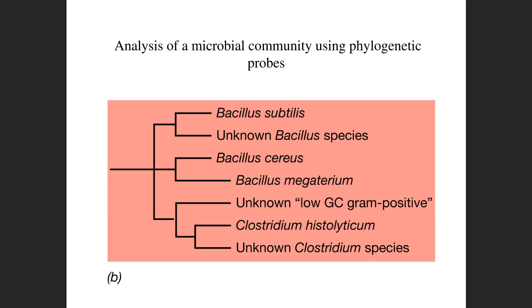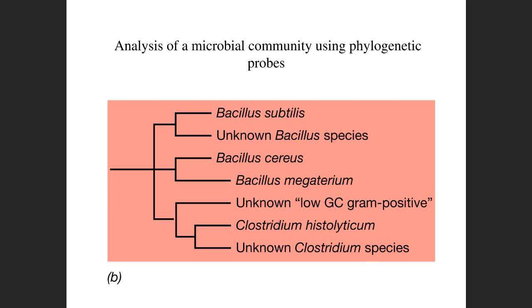we already know, like the last lecture, we already established what Bacillus is. Different species of Bacillus, and then you also have Clostridium. So if you isolate an unknown DNA, unknown bacteria, you just look at how similar, which one is similar.